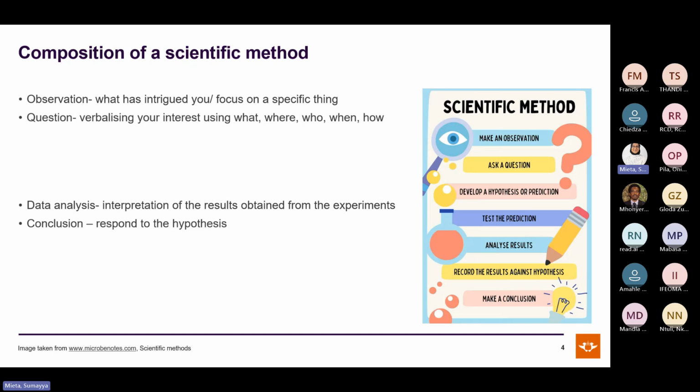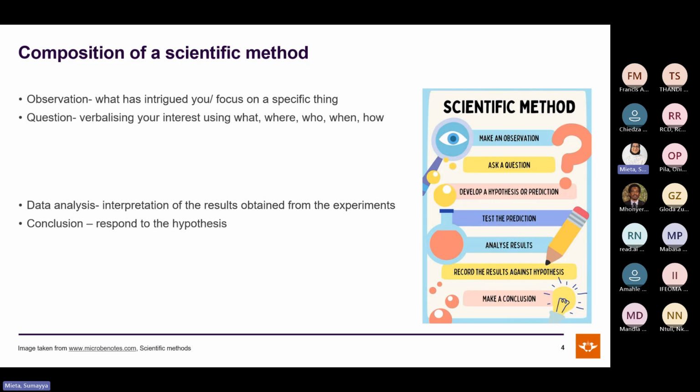As we go about our daily activities, there are so many observations that we make. There might be something that you have come across and you have asked yourself a question. And that is the basis of a scientific method. So we make this observation and you follow that up with a question.